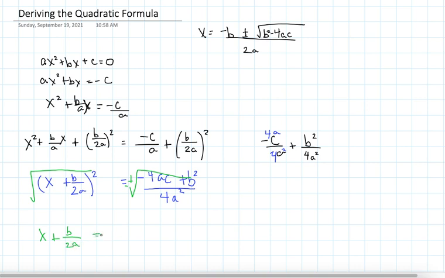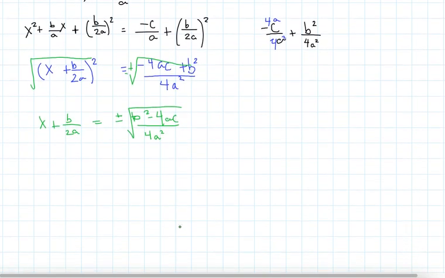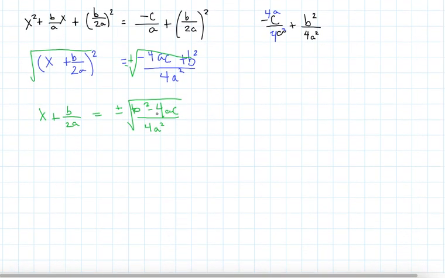And on the right side, then we have plus or minus, and I'm going to rewrite it as b squared minus 4ac over 4a squared, and this is all under a square root. So I'm going to simplify that a little bit by just taking the square root of the denominator right away.